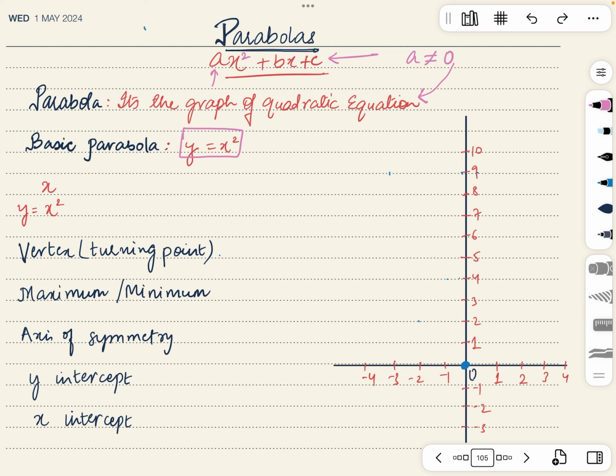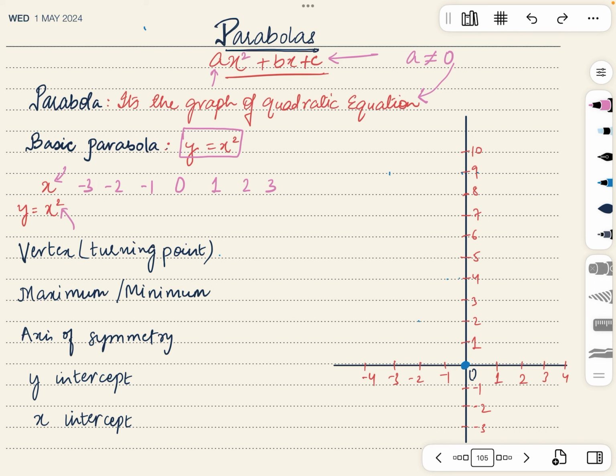Now, let's plug in the values of x and see what values of y we get with respect to that x. Let me start from 0. Then you have 1, 2, 3, and then -1, -2, and -3.